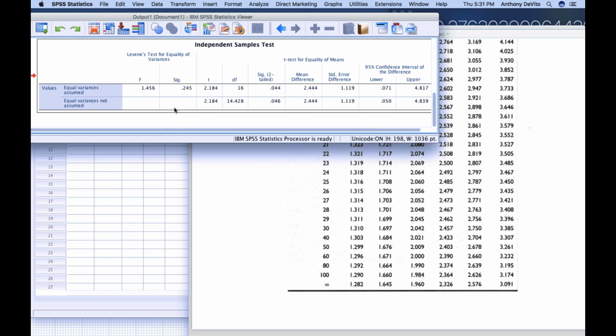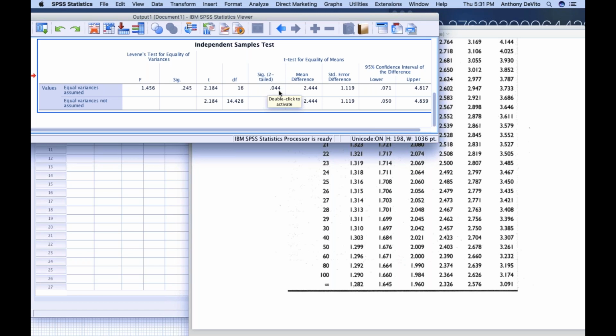Now, SPSS not only gives us the t-score for us to compare to the table, but it also calculates a significance, or what we usually call a p-value. You see here where it says significance two-tailed? It's giving us not just that the t-score is big enough that our chance of being wrong is less than 5%, but it's actually quantifying our chance of being wrong. And what's the chance that we're wrong if we reject the null hypothesis?